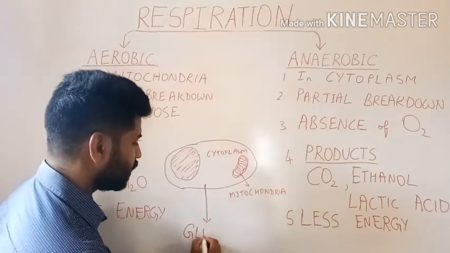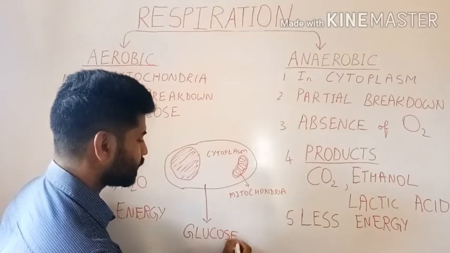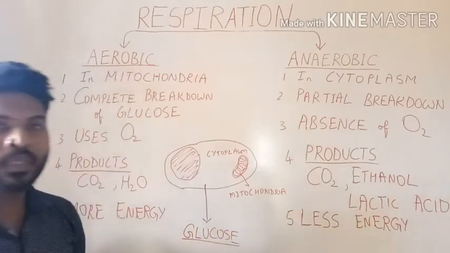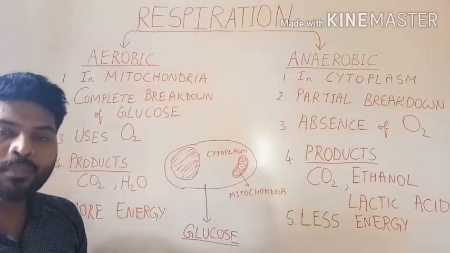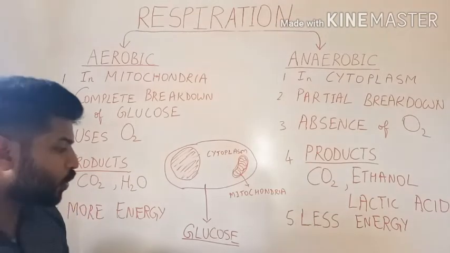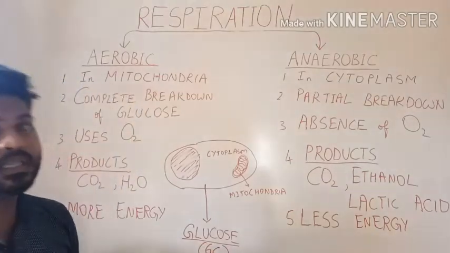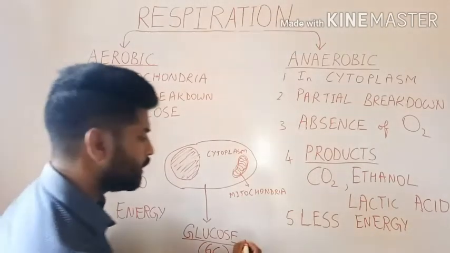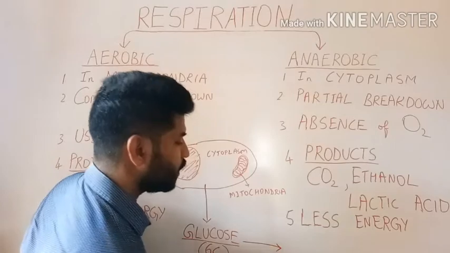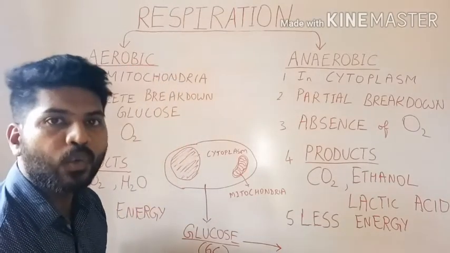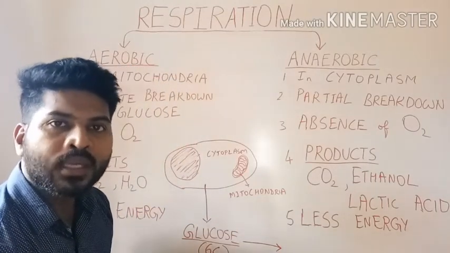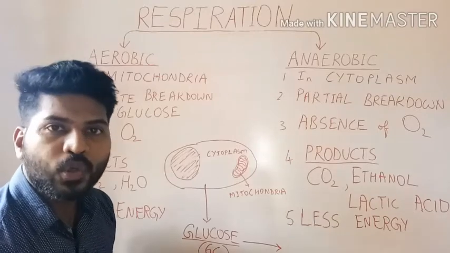In the cytoplasm, there is glucose. So, in the first step of respiration, glucose, which is a 6-carbon molecule, C6, is broken down into a compound known as pyruvic acid or pyruvate.